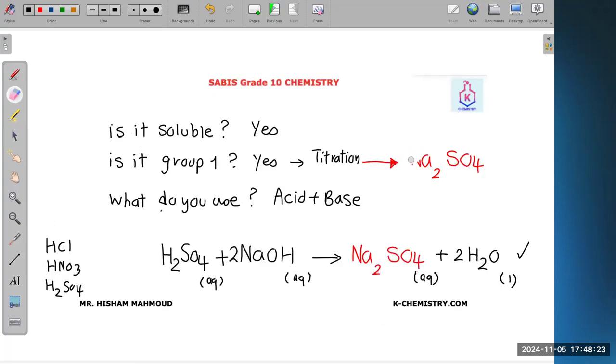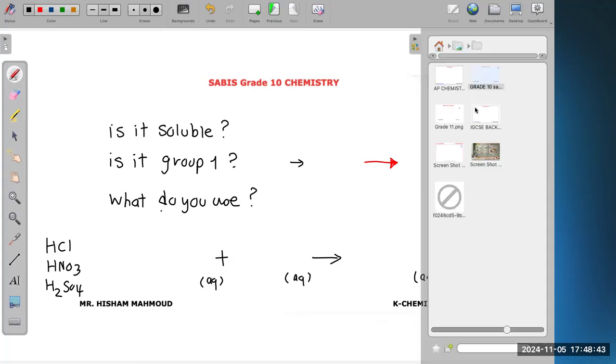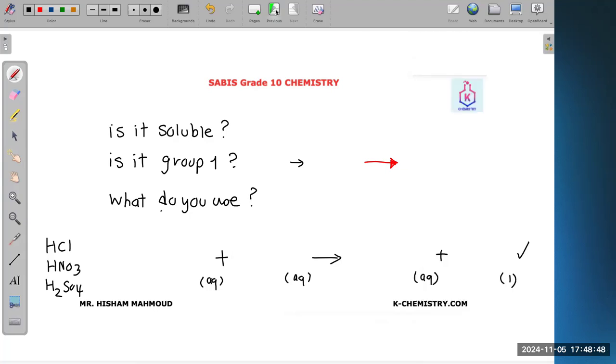This time I'm gonna choose something else. So here we picked sodium sulfate. I will use lithium nitrate this time. So the same 3 questions.